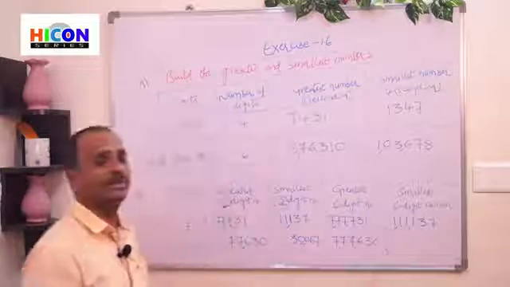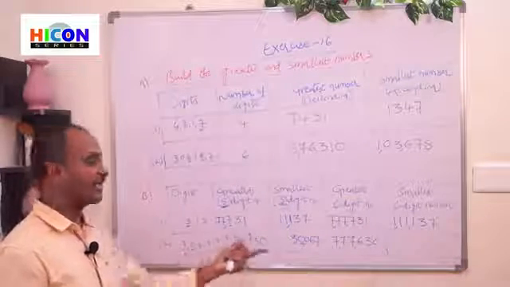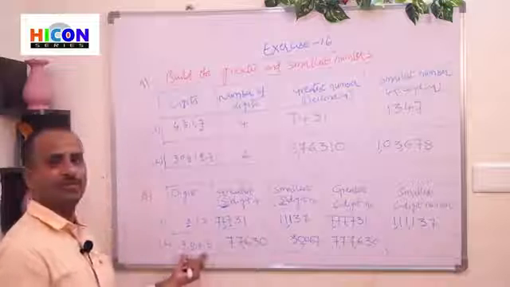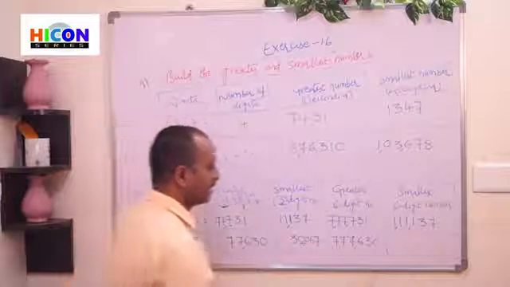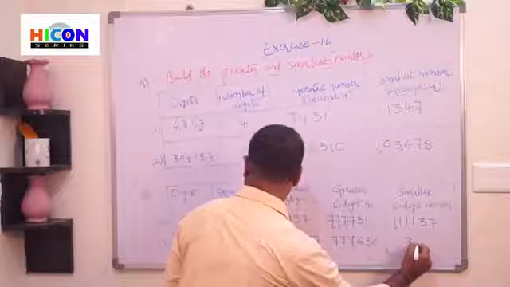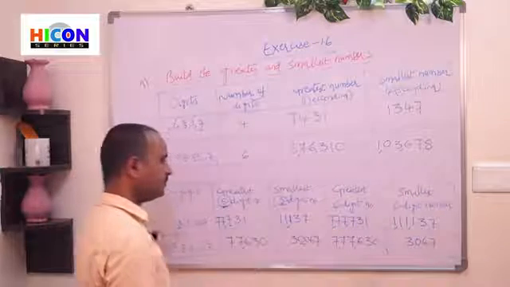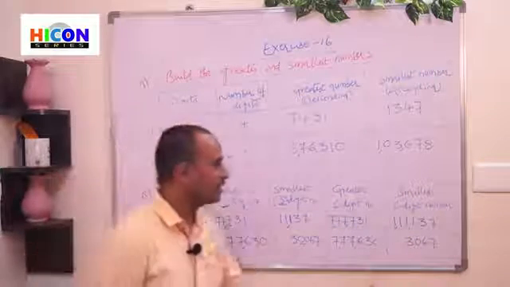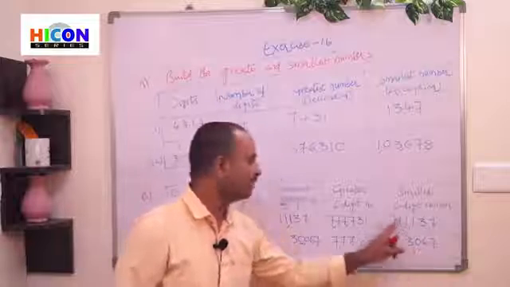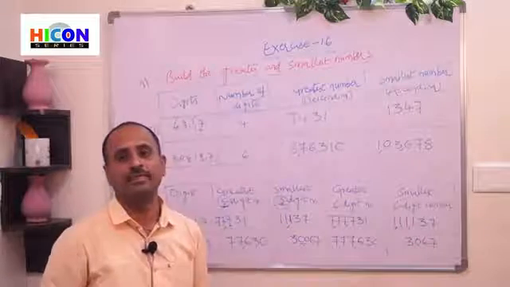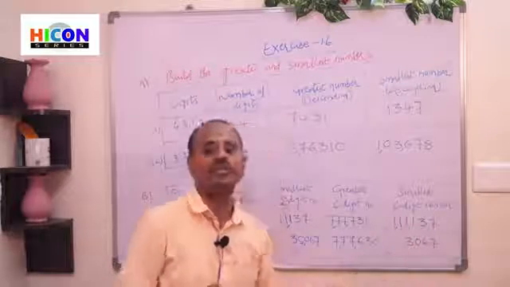So next, the smallest number. The smallest number means arrange the given digits in ascending order. If you arrange the given 4 digits in ascending order, we will get 3067. This is a 4-digit number, but we want a 6-digit number. That means we want 2 more digits.